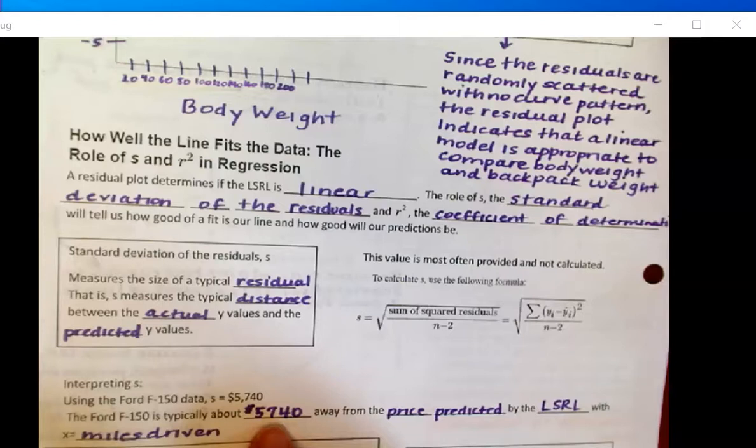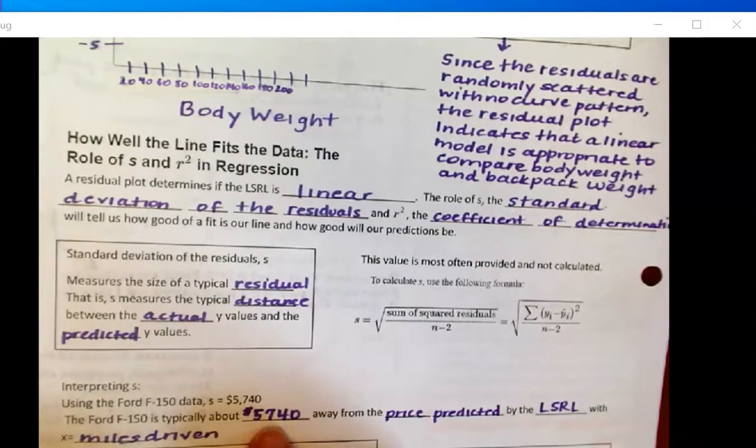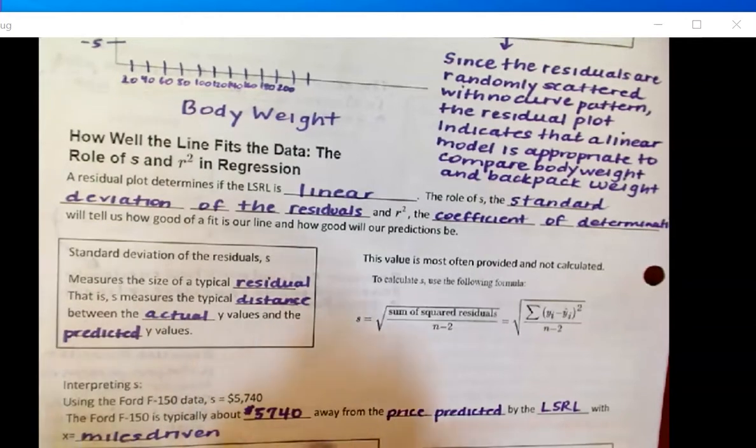But if you are asked to interpret what it means, don't forget you need to put it in context. So you're going to say the Ford F-150 is typically about whatever the S is, 5,740, away from the price predicted by the least squared regression line, with X being miles driven.